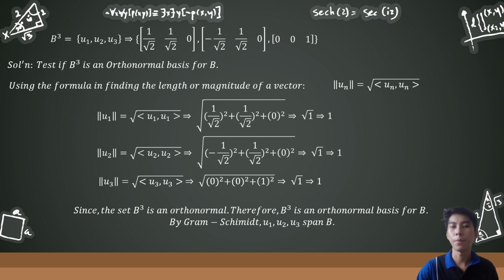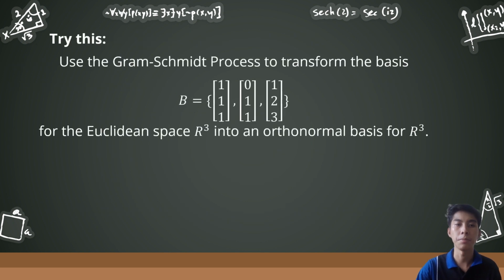To further enhance your skills, you may answer this last example. Use the Gram-Schmidt process to transform the basis b, equal to the set of vectors: vector 1 is 1, 1, 1, vector 2 is 0, 1, 1, and vector 3 is 1, 2, 3, for the Euclidean space r raised to 3, into an orthonormal basis for r raised to 3.